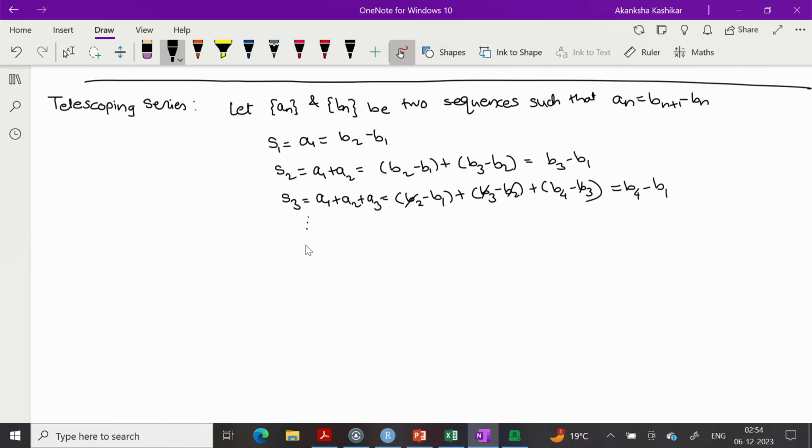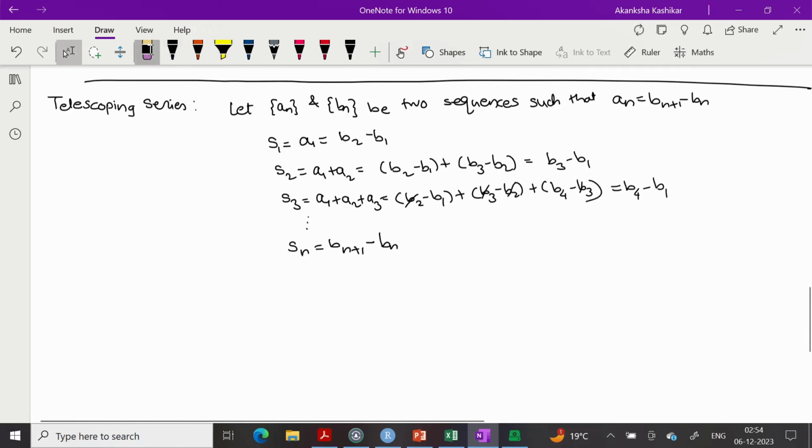Proceeding in this manner, or via induction, we can prove that Sn is actually b_(n+1) minus b1.